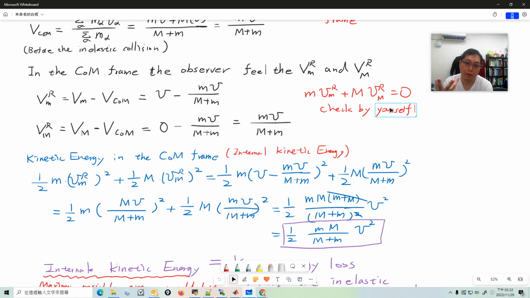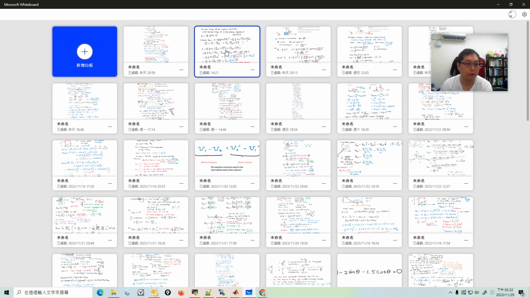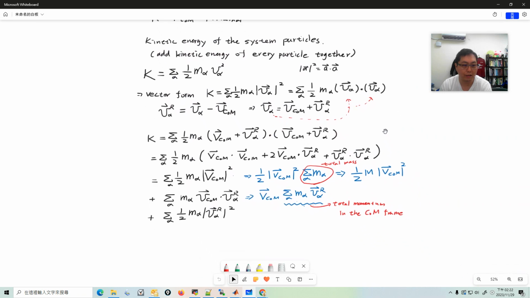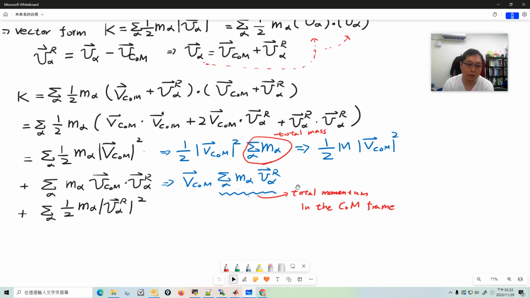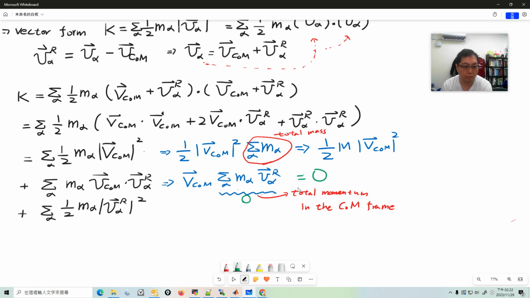So we use this conclusion here. Maybe the proof is not very rigorous, but that's the easiest way to prove this. So this value is 0, so this totally will become 0.